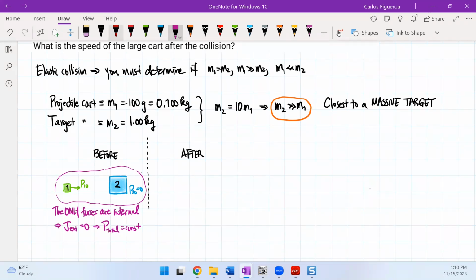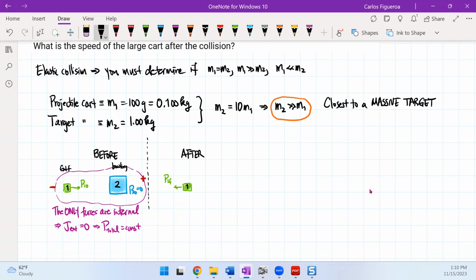Now, using our sign convention, I'm going to say that this is my negative direction here. This will be my positive direction. So what do we expect? This is a lot like the golf ball, bowling ball. So we expect the golf ball to bounce off, and it's going to have a momentum, P1 final, that's now in the negative direction.